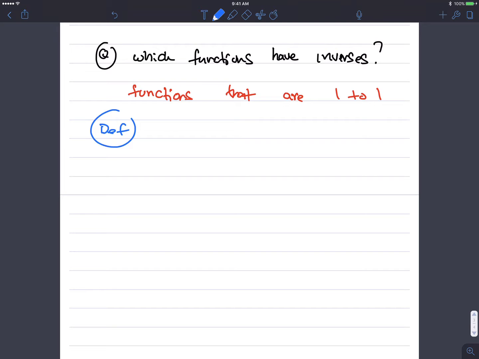I'm going to say a function f is 1-to-1 when you have the following. Let's say this. I'll do it this way for you guys. f(a) = f(b) implies that a is the same as b.